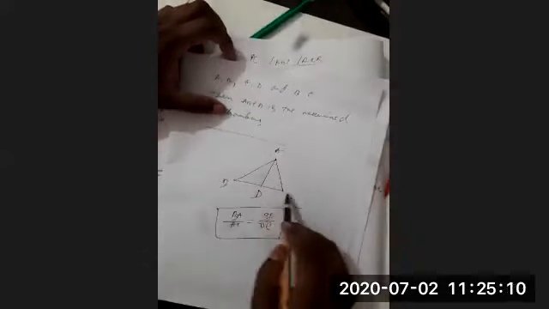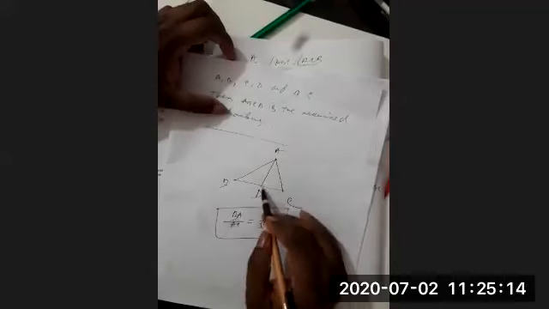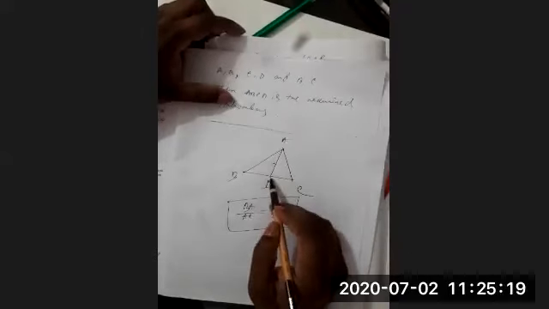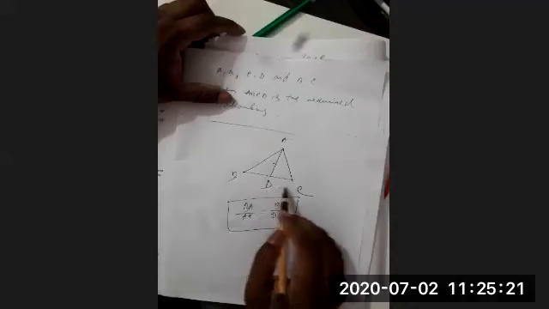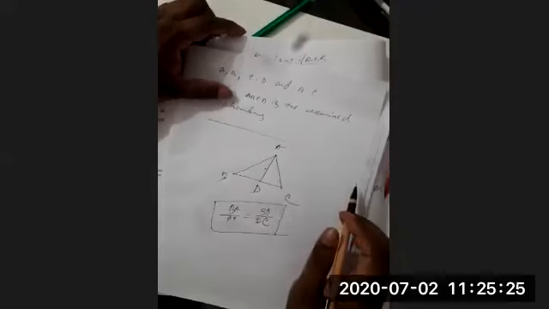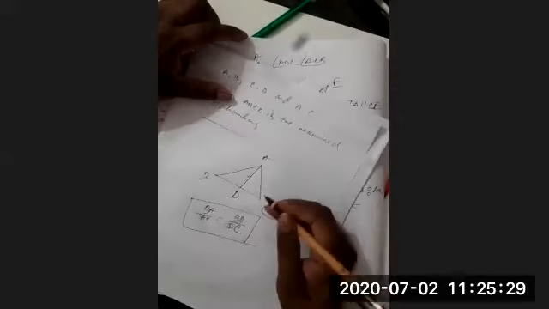Firstly, you know that ABC is any triangle, and there is a line segment which divides the side BC such that BD by DC equals BA by AC. Now draw the figure.